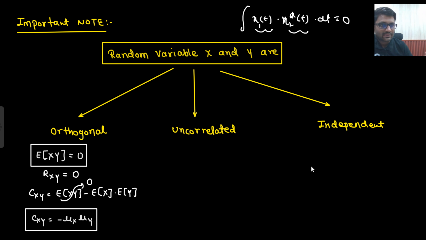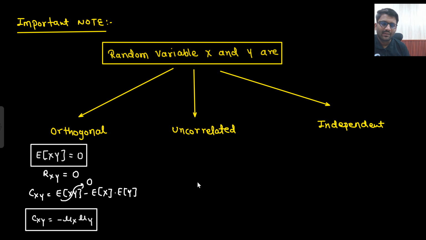Do you remember orthogonal vectors, orthogonal matrix? There as well you talk about 0 only. Orthogonal matrix means you multiply two matrices and equate to 0. So here also orthogonality simply means something should be equated to 0. So x and y are orthogonal random variables, that means E of xy should be equal to 0. If you remember E of xy is equal to 0, then you can write down everything.